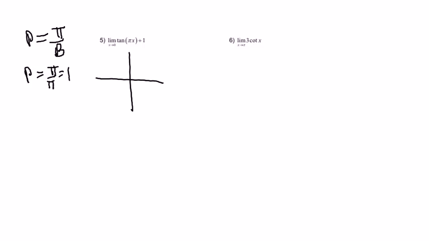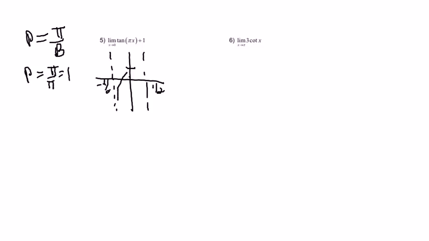So instead of starting at negative pi over 2 and going to pi over 2, since my period is 1, I'm actually going to start at negative 1/2, and I'm going to go to 1/2. And I'm shifted up 1, so instead of going through 0, I'm going to go through 1.